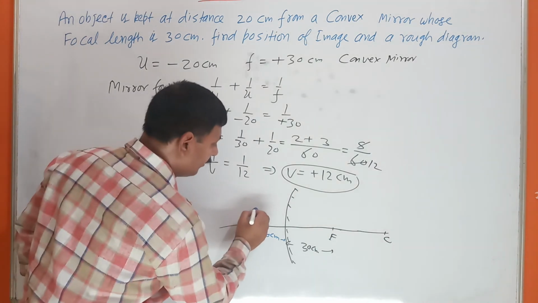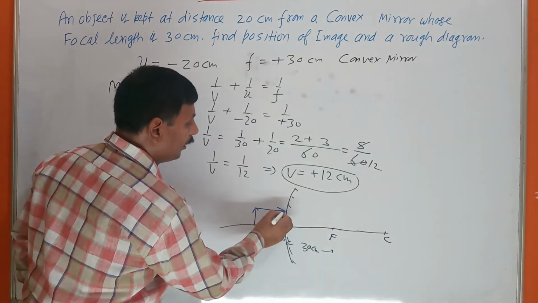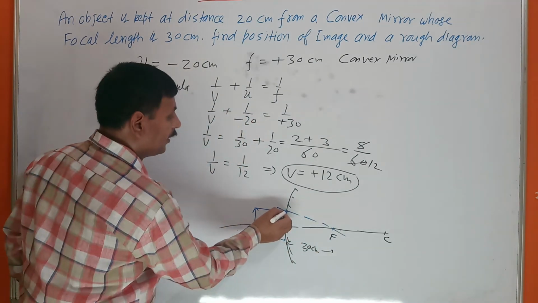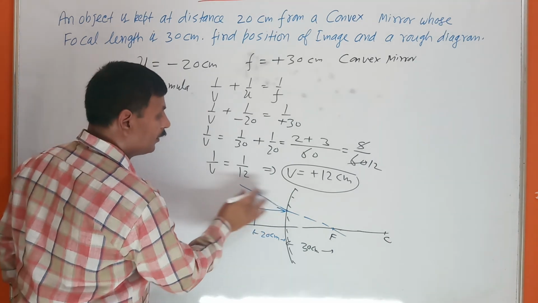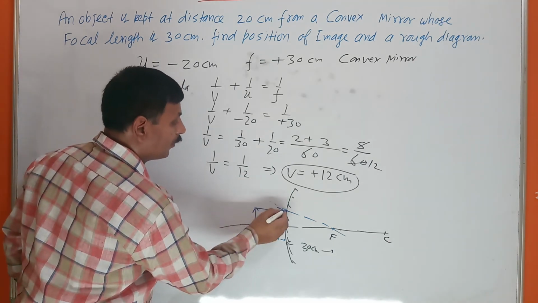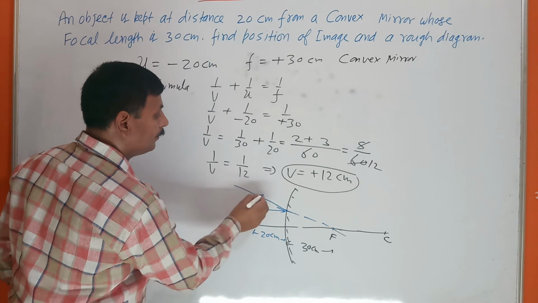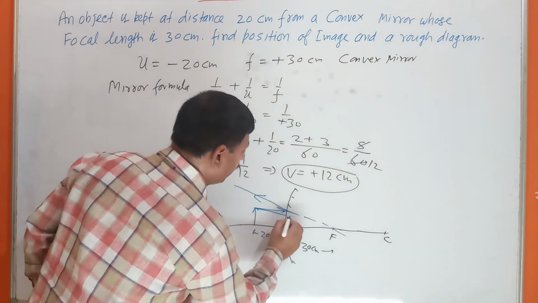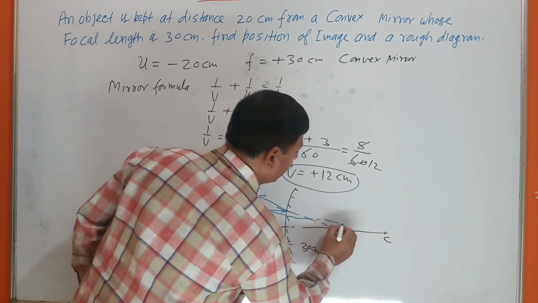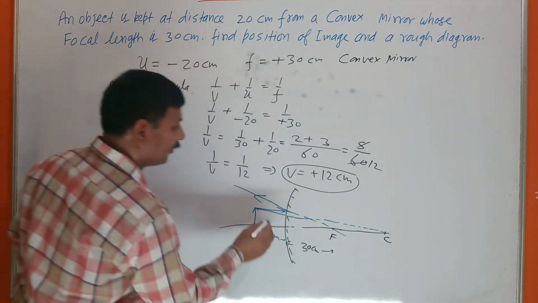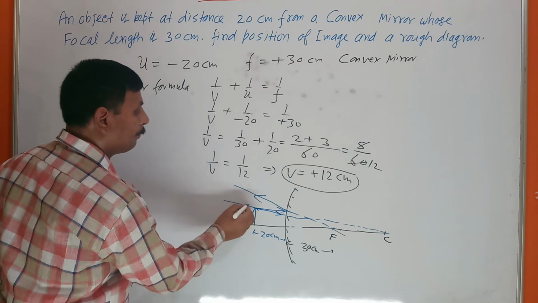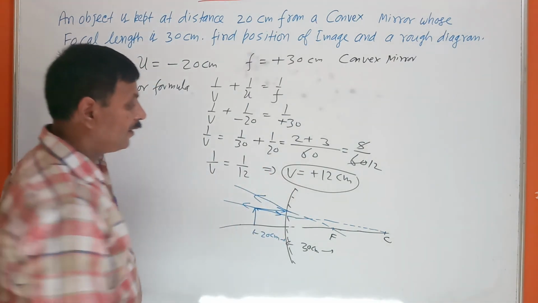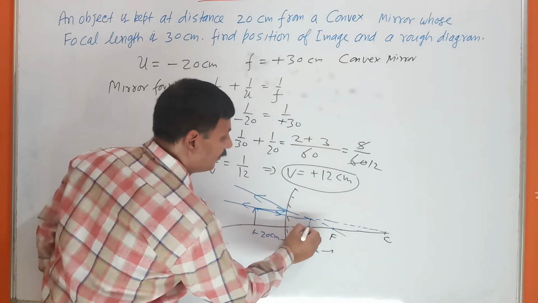For forming the image, parallel rays after reflection appear as if they are coming from the focus, like that it will come after reflection. And one ray is directed along the center of curvature. If you see here, along the center of curvature, it will be reflected back on the same path. So these are the reflected rays. Their appearances are intersecting somewhere.